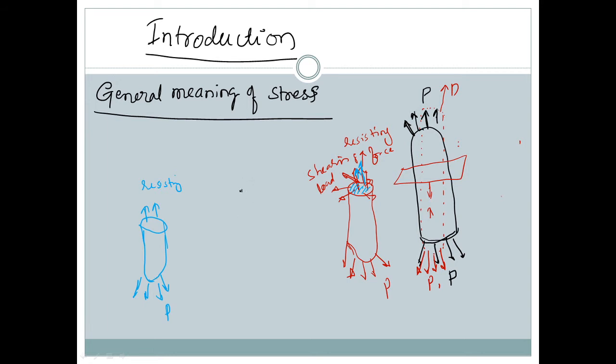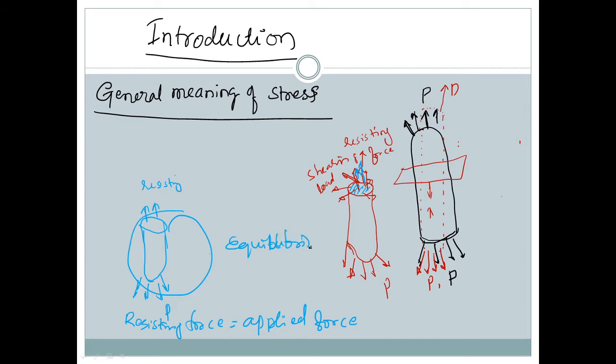So now what is the condition to get the equilibrium state? This resisting force has to be equal to the applied force, right? Then only is the member under equilibrium condition.